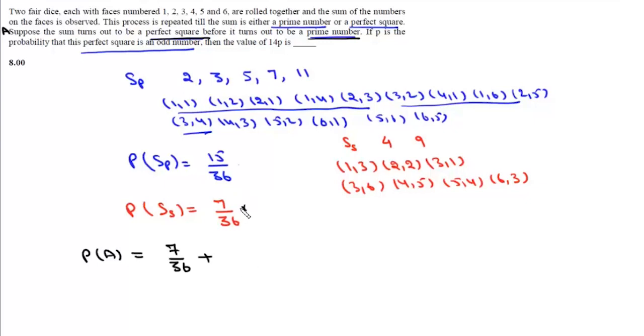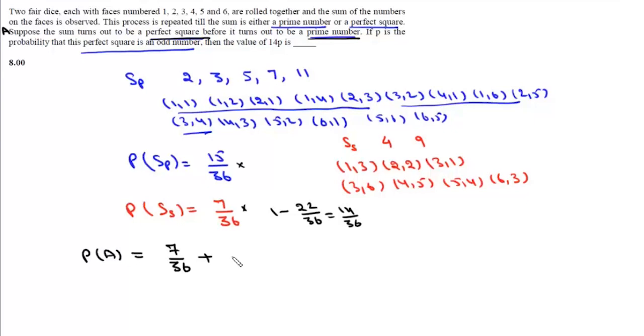So this first attempt, it should not be a prime number and it should not be a perfect square. So this probability will be 1 minus, now 15 plus 7 will be 22 divided by 36, and that is 14 by 36.